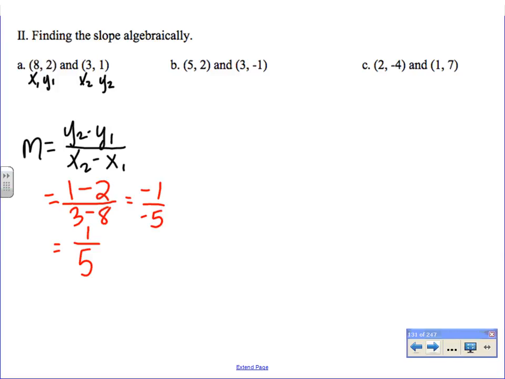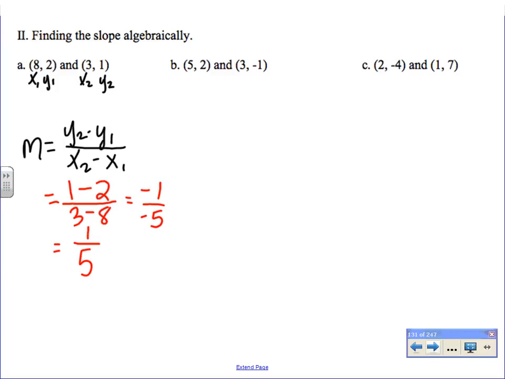Can you do y1 minus y2 over x1 minus x2? Like, couldn't you do 2 minus 1 and then 8 minus 3? Yes. So he's asking, do I have to use the second one first and then subtract the first?